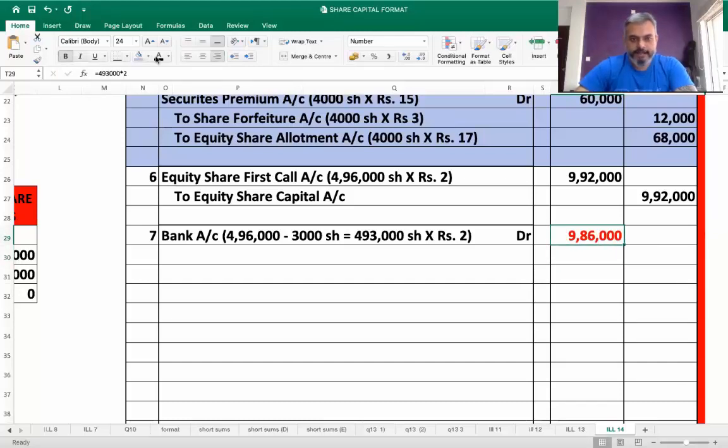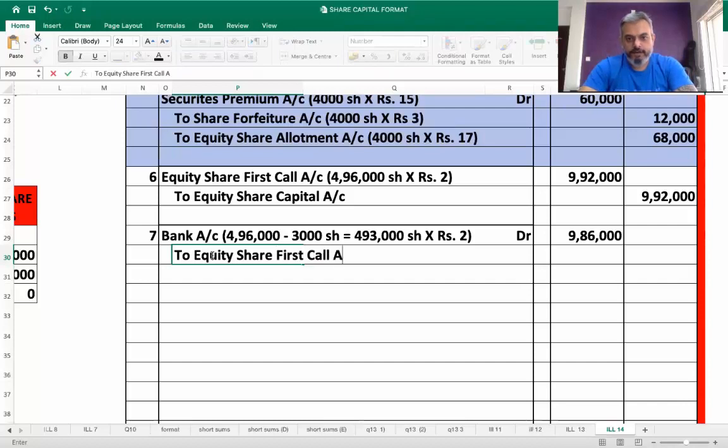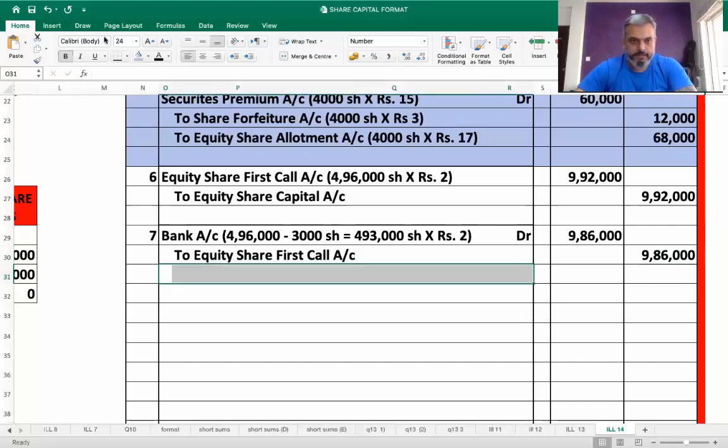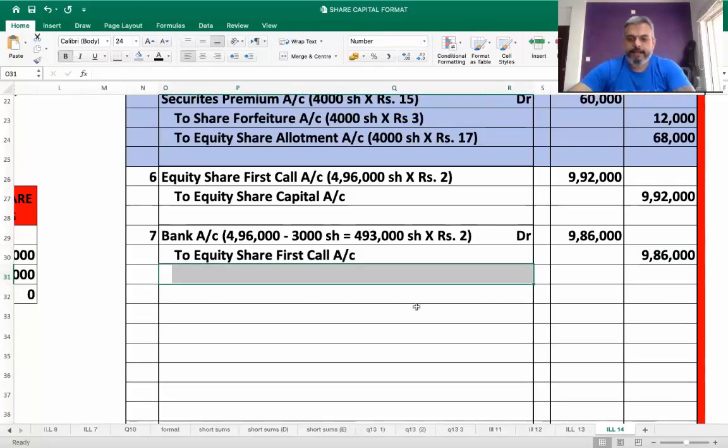So 9,86,000 to equity share first call account. Nine lakh 86,000.